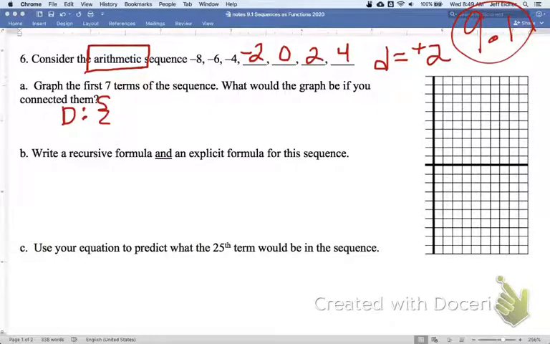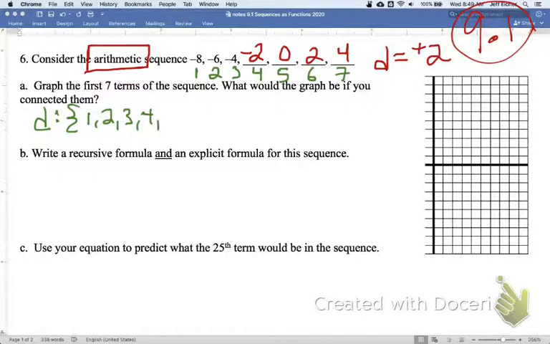So this is our first number, this is our second, this is our third, fourth, fifth, sixth, and seventh. So our domain would be 1, 2, 3, 4, 5, 6, 7.